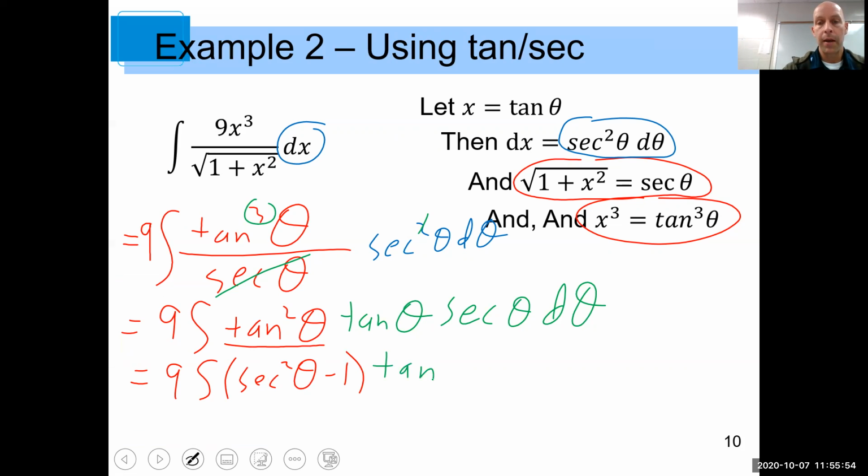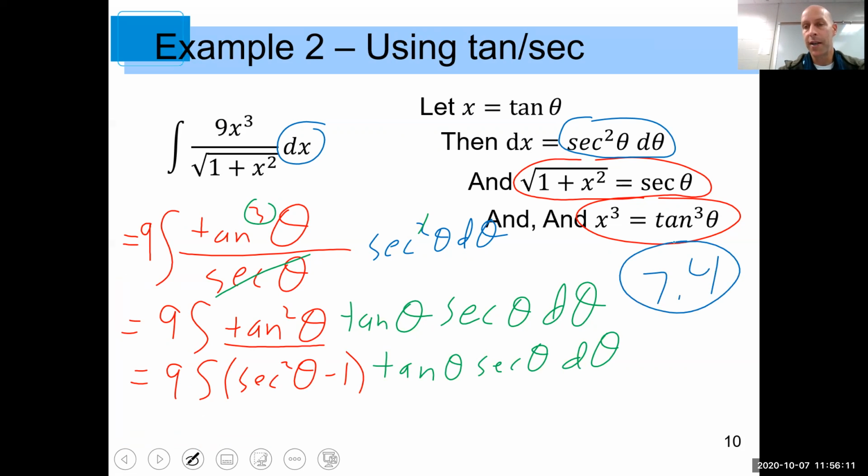Tangent theta secant theta d theta. Can you kind of guess why I'm doing this? Well, I hope it's feeling like a little bit of deja vu right now, because we're going back to the last section, 7.3 on trig integration.